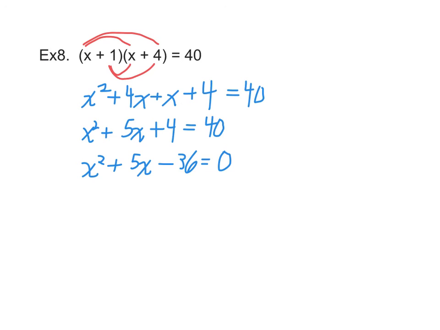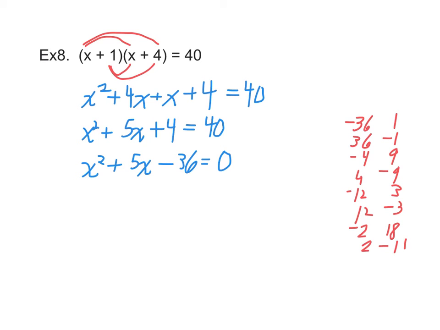We need to find two numbers that multiply together to give negative 36, but add up to be 5. This number has a lot of factors, so I think I might jot them down, like 36 and 1, 4 and 9, 12 and 3, it's also even, so we'd have negative 2 and 18, or 2 and negative 18.